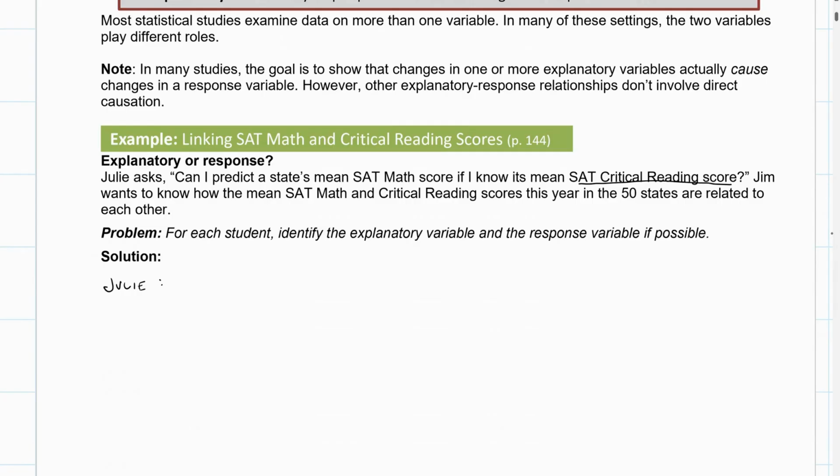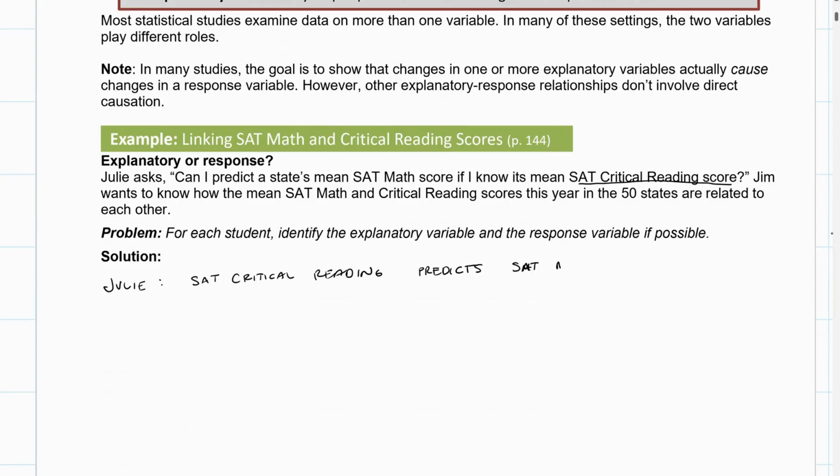So in Julie's situation, we might say that the SAT critical reading score predicts the SAT math score.